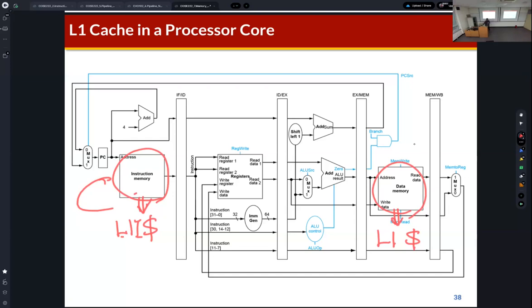In chapter 4, we learned that this is the instruction memory, but actually this is an L1 instruction cache. And obviously this is the L1 data cache, called the D cache because this is the data. In chapter 4 we learned about the processor architecture, but these memories are caches.